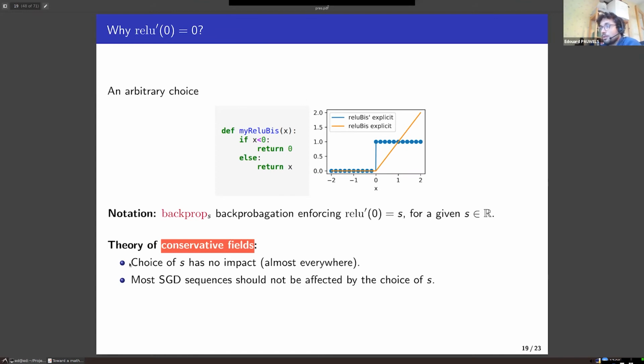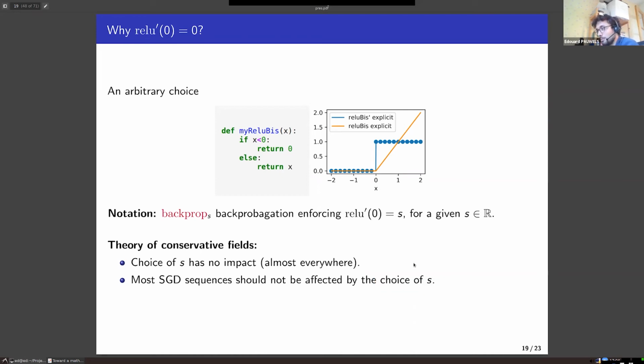First, the choice of S should not have any impact almost everywhere. It means that the inputs for which the choice of S has an impact are actually negligible. The second thing is that most sequences produced by a learning algorithm using SGD should not be affected by the choice of S.